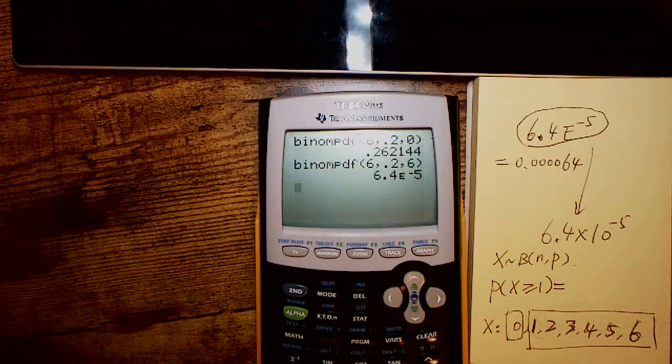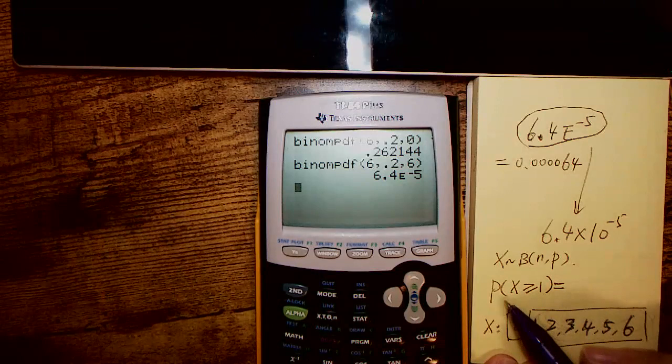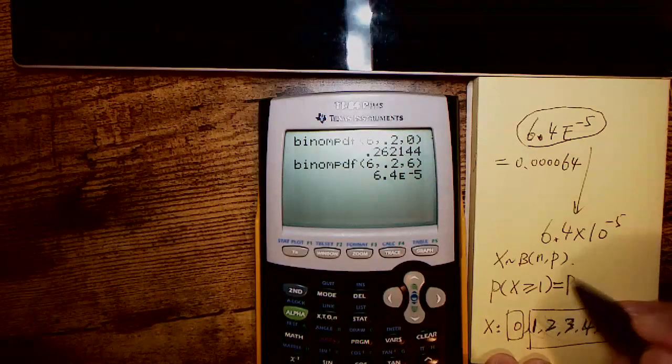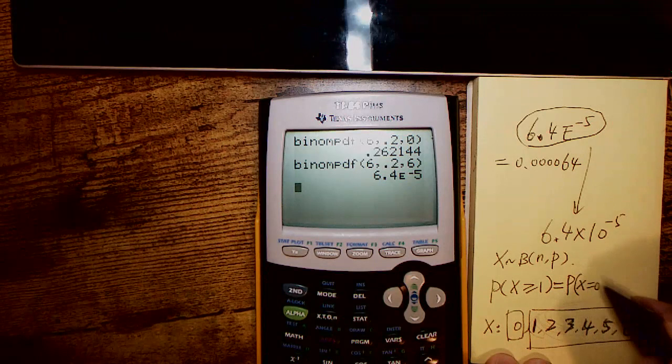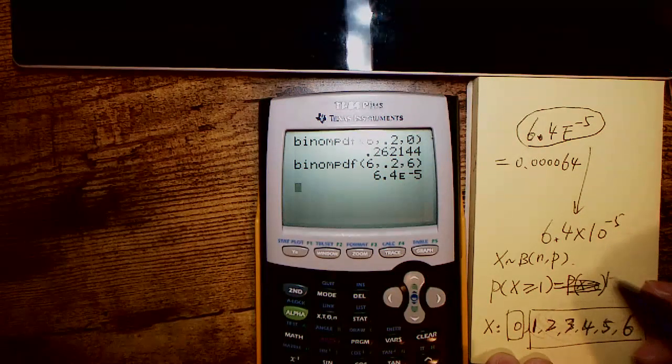Don't do that, please. That's very troublesome. Use the complement. Since the complement of at least one is none, we can write the probability of X bigger than or equal to 1 as 1 minus the probability of X equals 0.